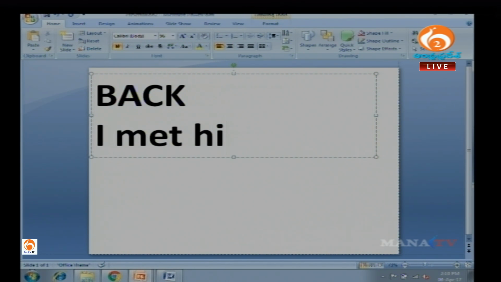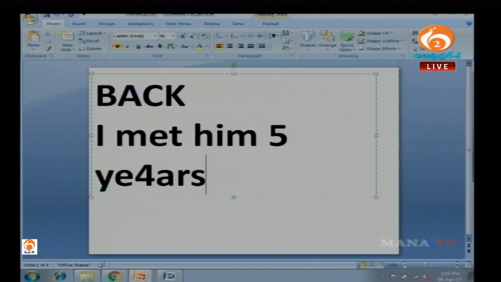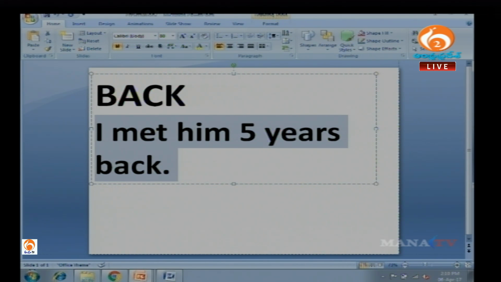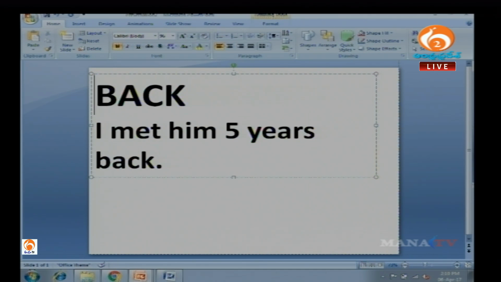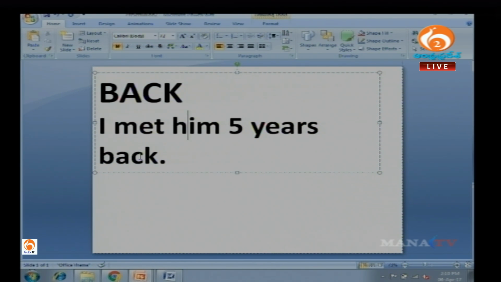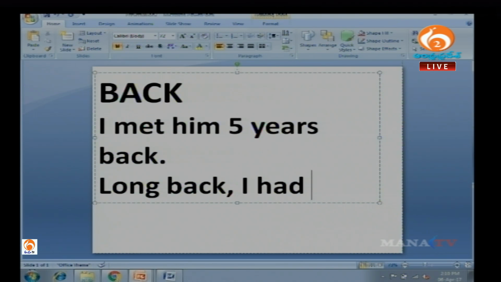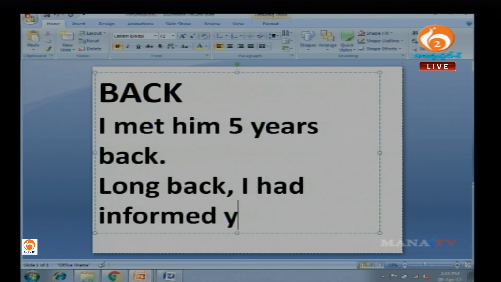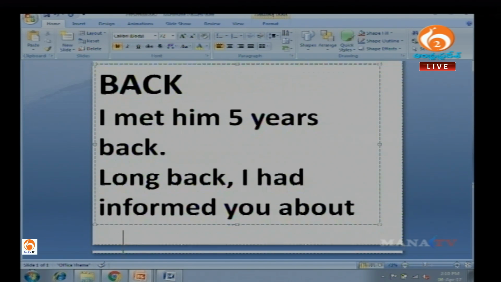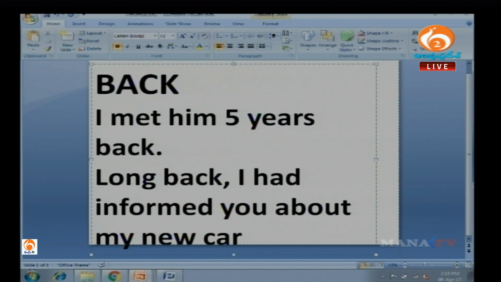I met him 5 years back. A lot of people use this form. Another example is, long back I had informed you about my new car.